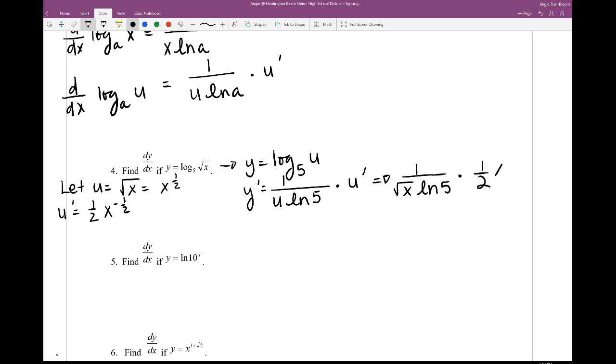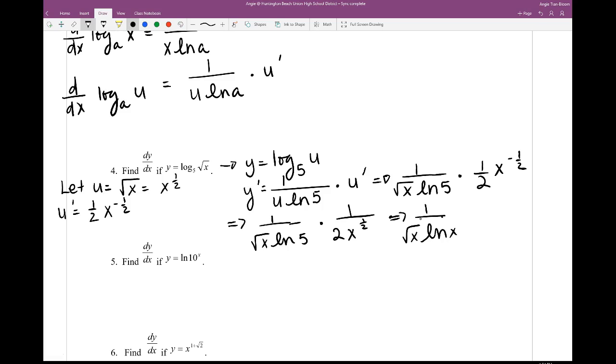Now let me tell you about x to the negative 1/2. You can make that into a positive power and move it down to the bottom. So 1 over square root of x times ln of 5, times 2 over x to the positive 1/2. Well, positive 1/2 power is really square root, so let's keep going a little more.